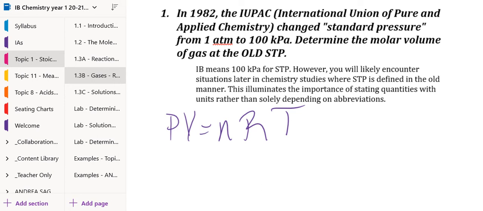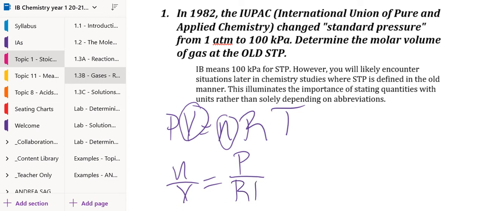And if we're solving for molar volume, what variables is that? n and V. So we want to solve for n over V. So how do we rearrange the equation to make it n over V? n over V equals P over RT.